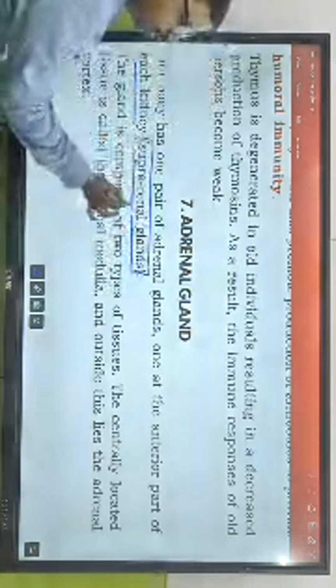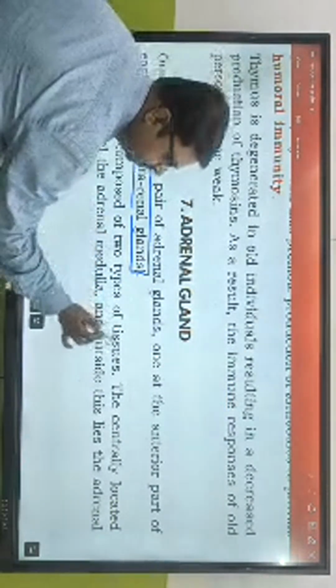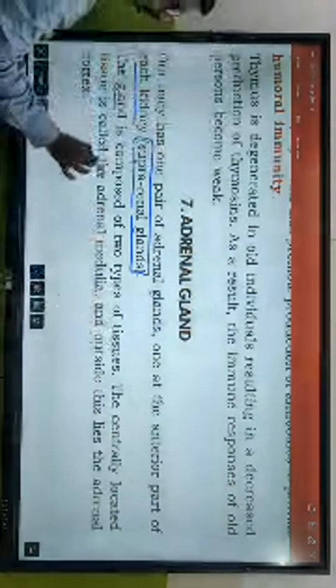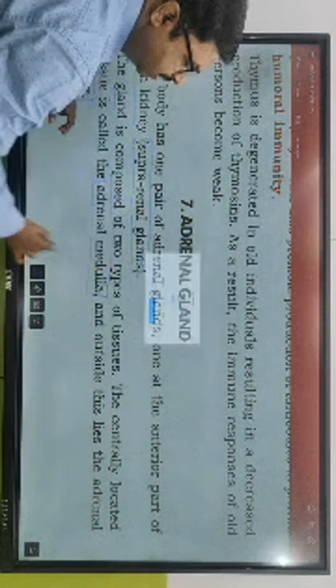Suprarenal. Why suprarenal? It's present at the tip of the kidney. Suprarenal glands. The gland is composed of two types of tissues. The centrally located tissue is called adrenal medulla, and outside this lies the adrenal cortex.